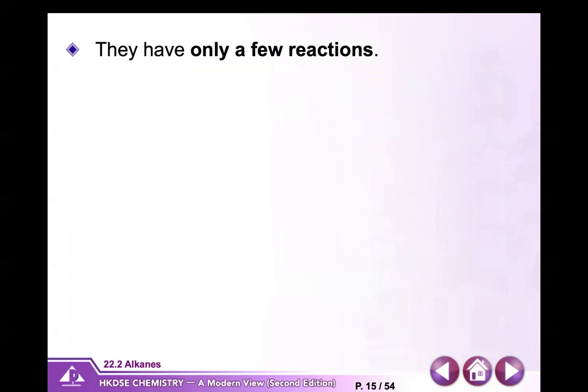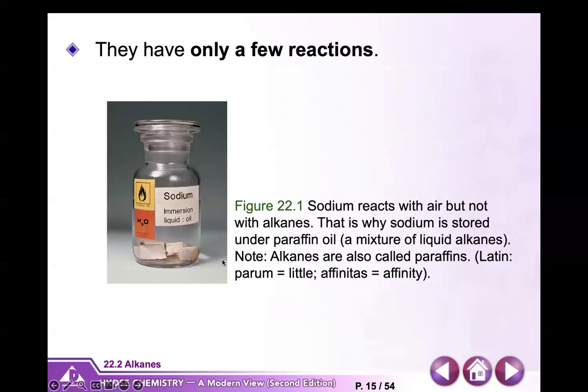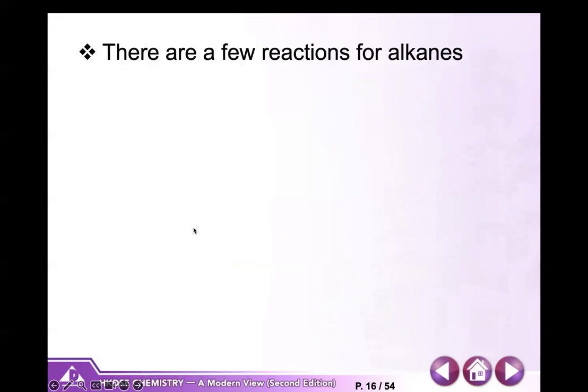They are only involved in some reactions, mainly classified into 3. First of all, we have to state that alkanes are very unreactive. As a result, they can even be used to cover reactive metals. Sodium is a very reactive metal, and it cannot react with the alkanes. That's true. Well, we just have a few reactions for the alkanes.